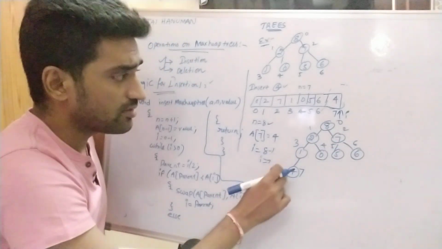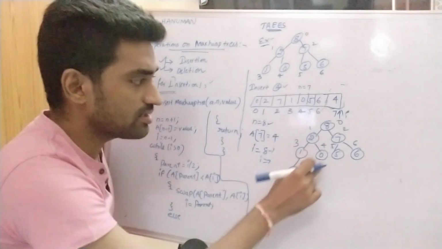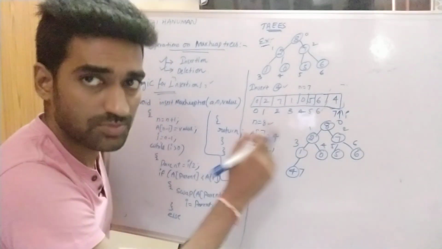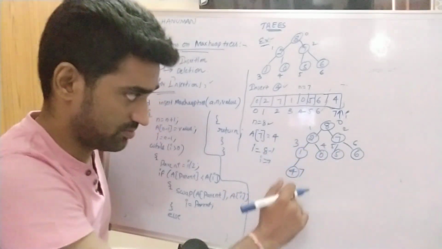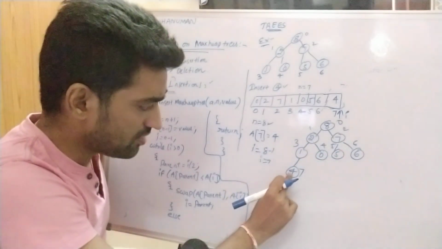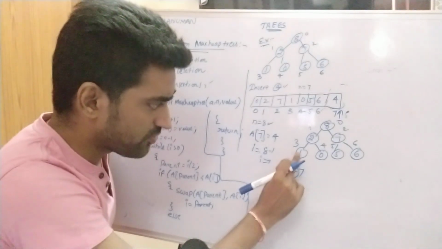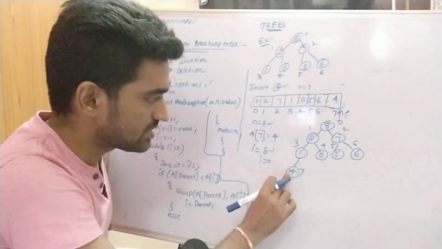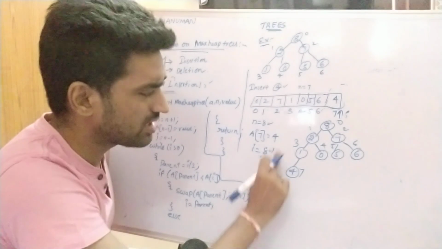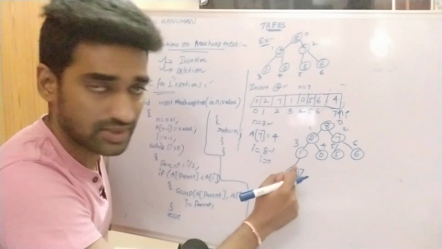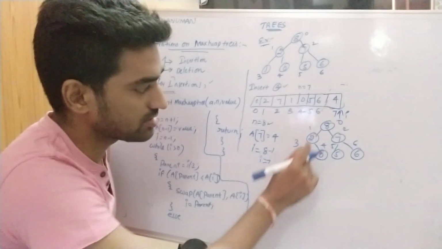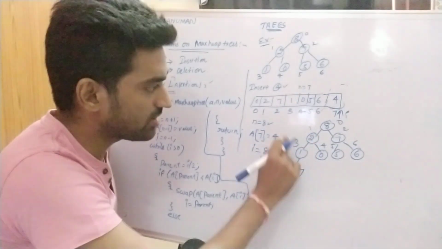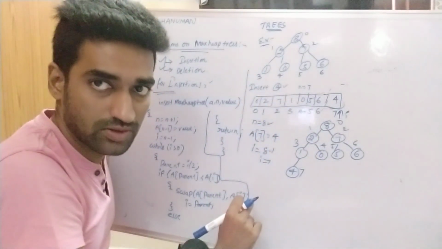After inserting 4, does this tree satisfy the max tree property or not? This tree does not satisfy the max tree property. Why? Because the parent node is 1 and the child node is 4, which is the greater value. So we apply the swapping procedure. Again, 4 is also greater than its parent 2, so we apply the swapping procedure between those as well.